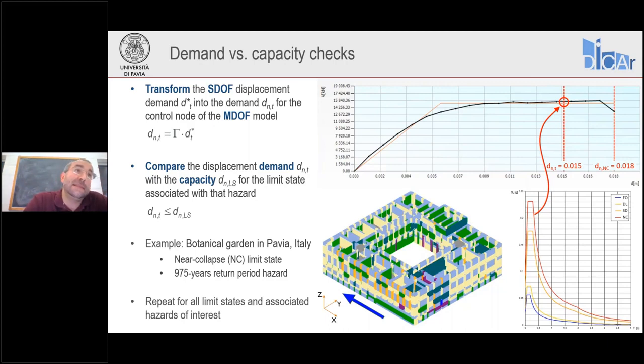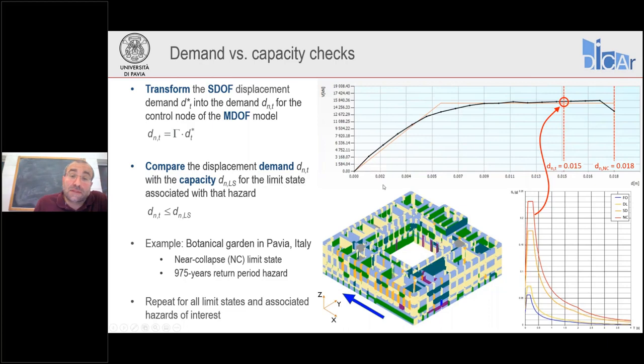Now we multiply the displacement of the single degree of freedom system by gamma, and we go back to the multi-degree of freedom world. And then we just take the pushover curve of our structure, and on this pushover curve we identify limit states of interest, and we have to check that the demand from the hazard that corresponds to our limit state is less than the capacity.